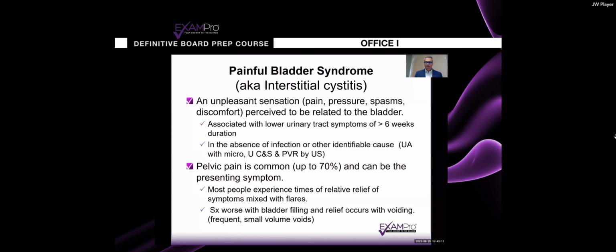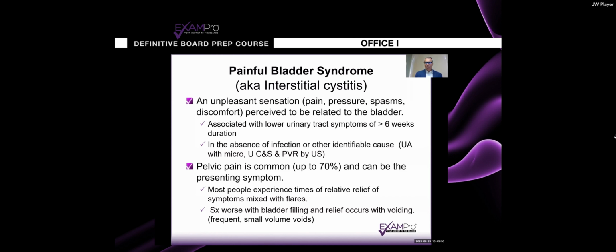So many of you may think of this as interstitial cystitis. The preferred term really is painful bladder syndrome, because cystitis implies inflammation, which is really not a part of painful bladder syndrome. And we're talking about here a chronic pain syndrome where there is some abnormal pain processing. Remember, I mentioned the sensory component of chronic pain. The pain can be suprapubic, in the urethral area, in the lower abdomen or the back.